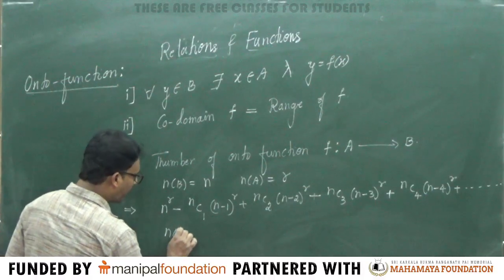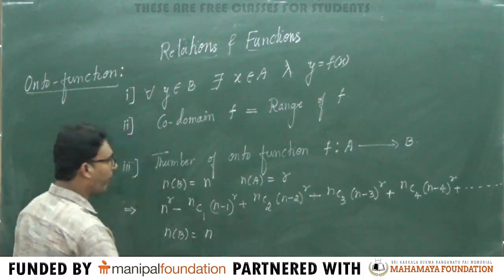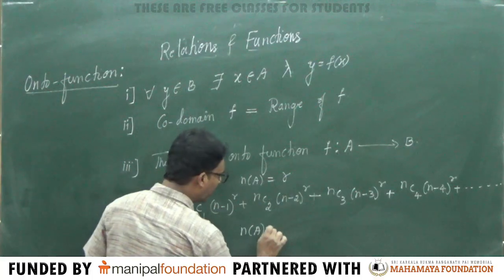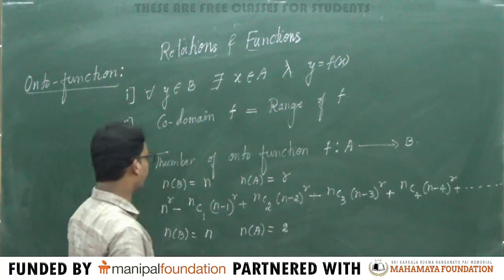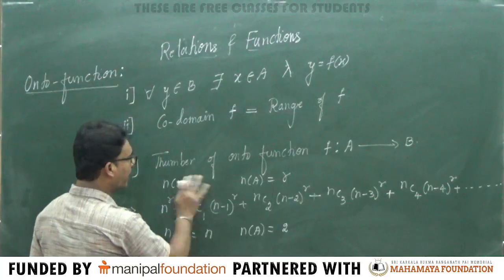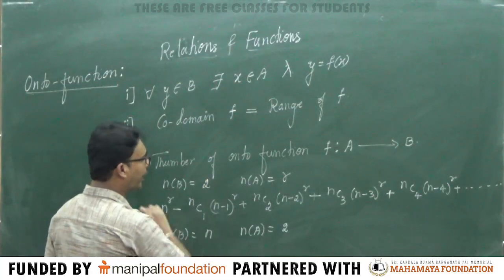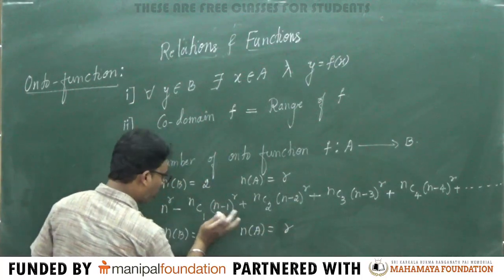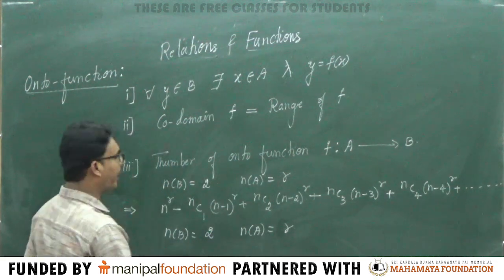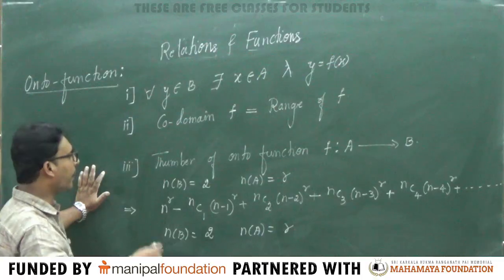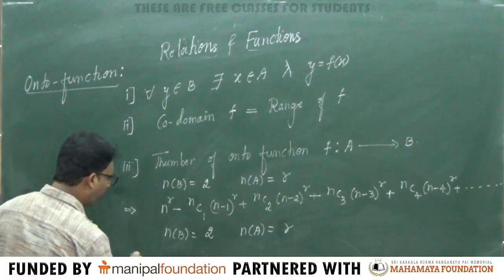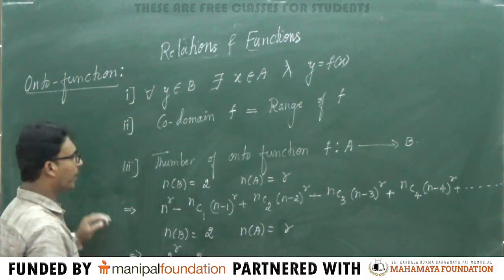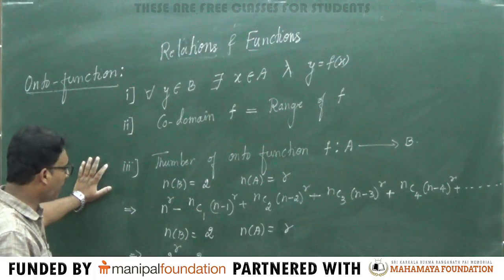If the codomain set contains exactly 2 elements and the domain set contains r elements, then the number of onto functions is 2 to the power of r minus 2.